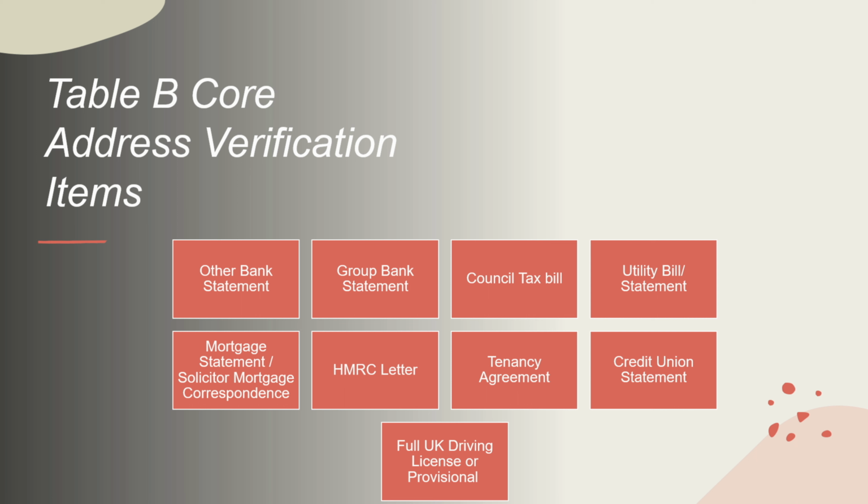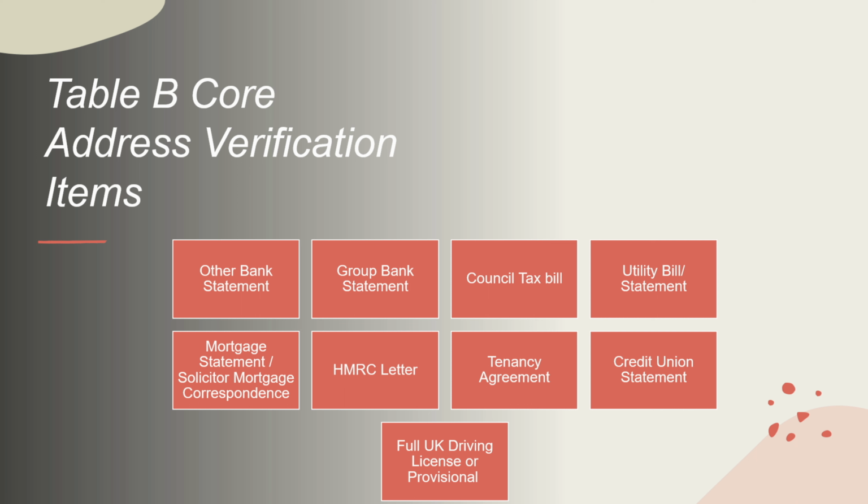And finally, you can also use a full UK driving license or a provisional license. So you only need one from Table B, core address verification, and one from Table A, identification. One of each, and then you're good to go. You can open a bank account. That will be enough for any bank you want to open a personal bank account with, of course.